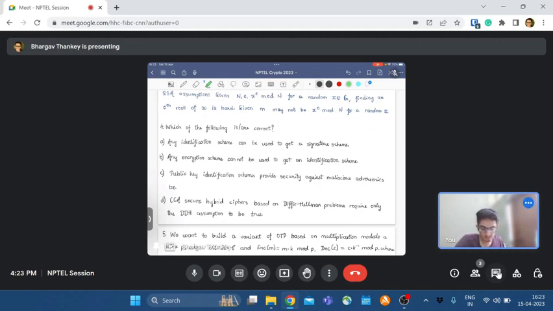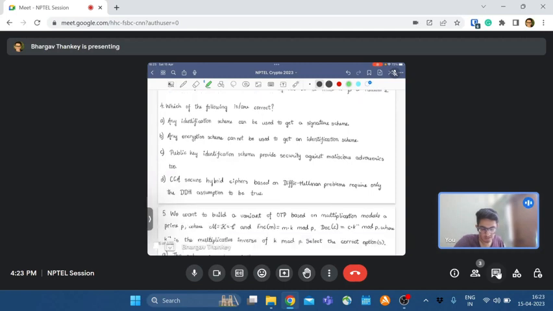Option C is public key identification schemes provide security even against malicious adversaries. And option D is CCA secure hybrid ciphers based on the Diffie-Hellman problems require only the DDH assumption to be true. So which of these are true?